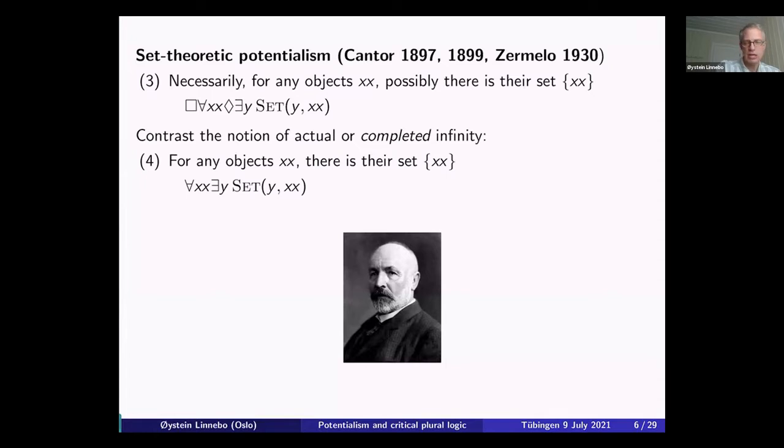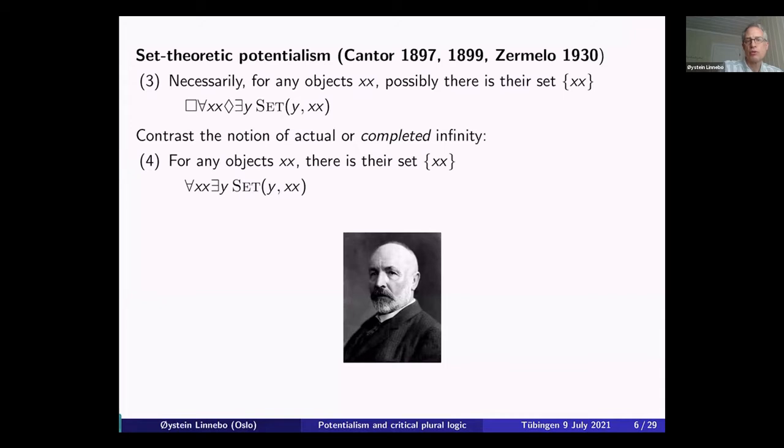However, even in Cantor, you'll find remnants of a kind of potentialist view, namely when you talk about not the natural numbers, but the whole hierarchy of sets. So I have in mind here these famous passages from the letters of Cantor where he talks about inconsistent multiplicities.